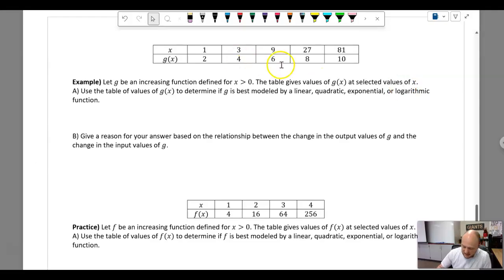And in this case, yes, I am multiplying by 3 every single time. Okay, and my inputs, it looks like, are adding by 2. So this is going to be a logarithmic function.